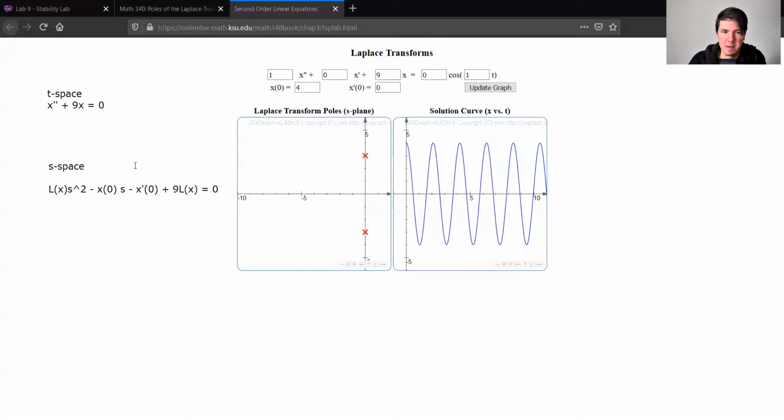And in the S space, the functions will depend on s. If we do a little bit of algebra, what we end up with is Laplace of x is equal to s times x of 0 plus x prime of 0, and all that divided by s squared plus 9.